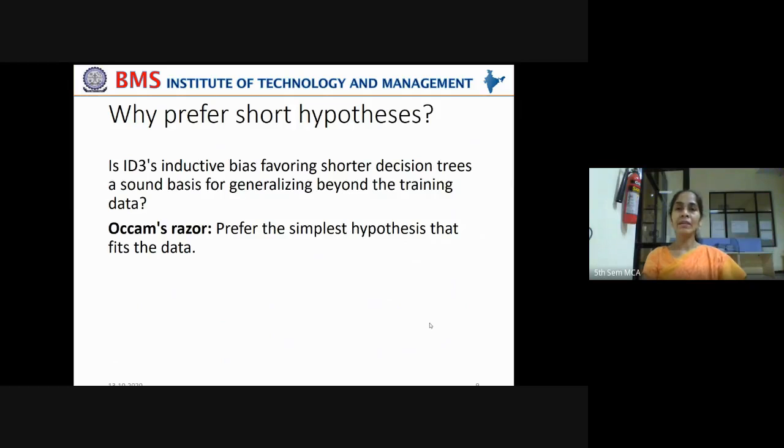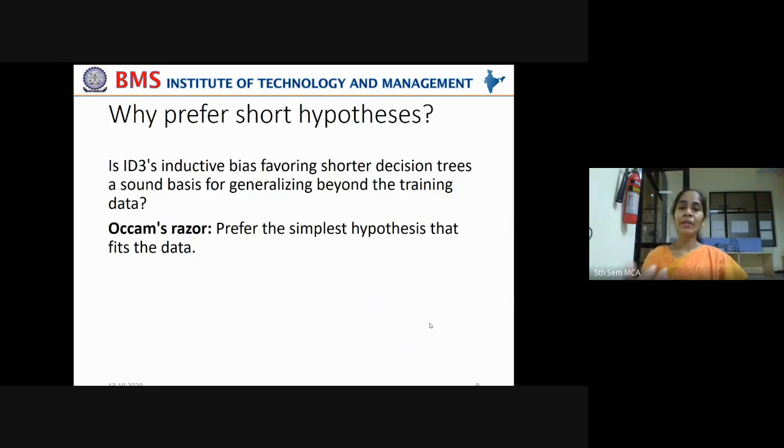Why do they prefer this short kind of hypothesis? Say there are some 1,000 hypotheses which fit the training examples, or the observed data. Among them, some hypotheses may not generalize well, meaning they may not be able to predict or apply properly in new circumstances.